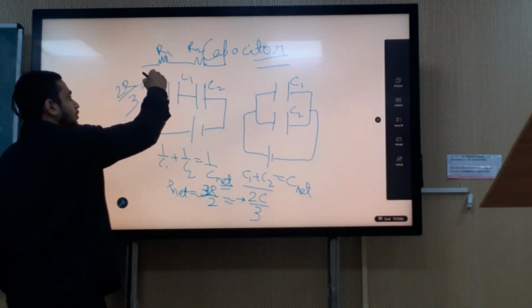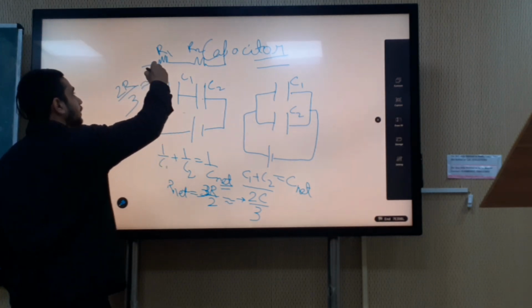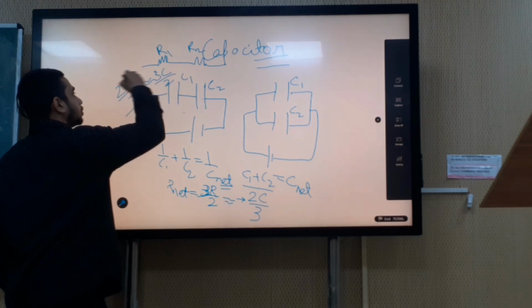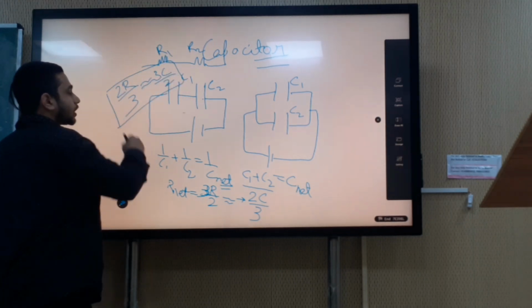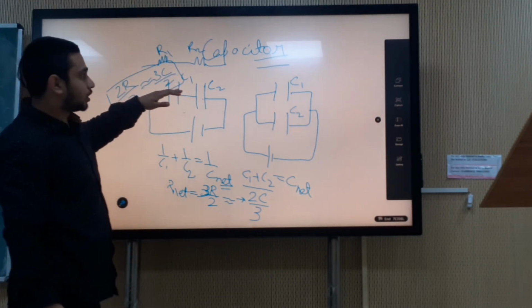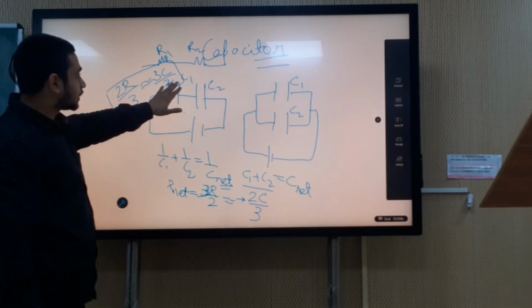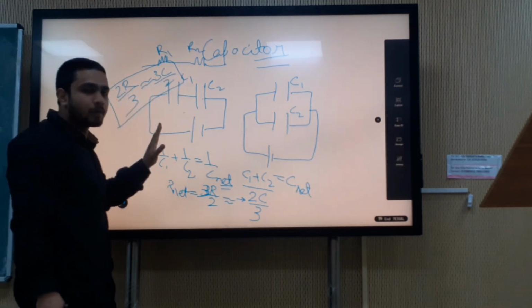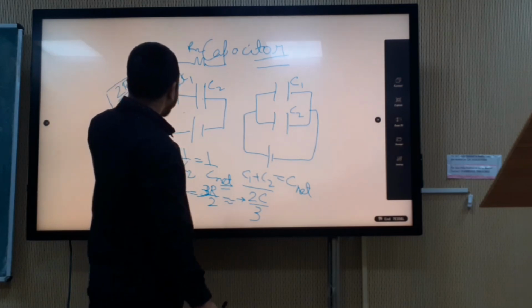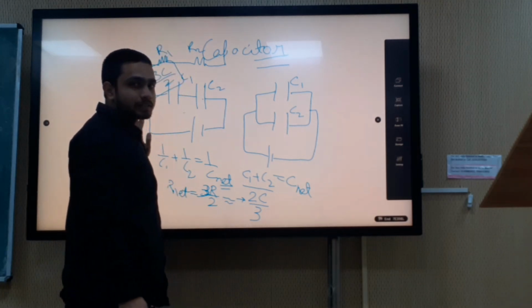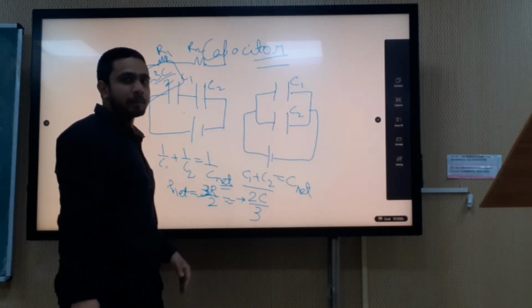Then the capacitance of this question will be 3C by 2. So we just invert. If we want to solve with the help of resistance, we just replace the capacitance with resistance and then invert, and our answer will come correct.